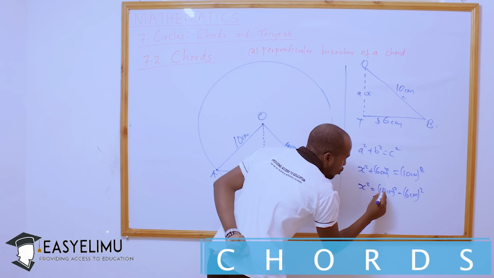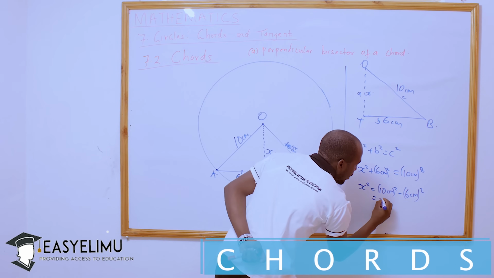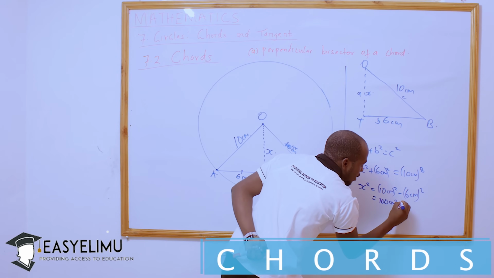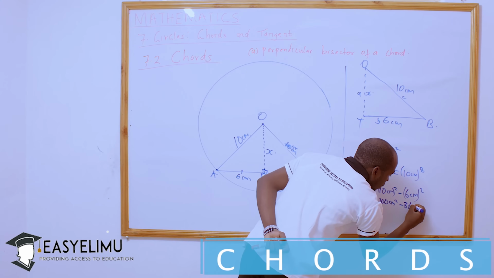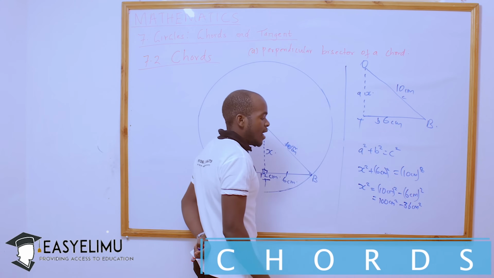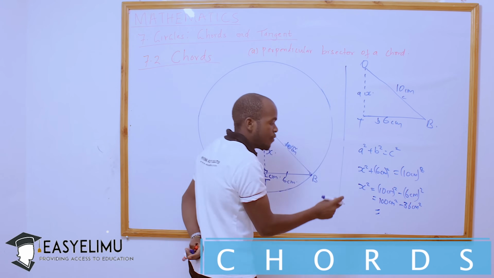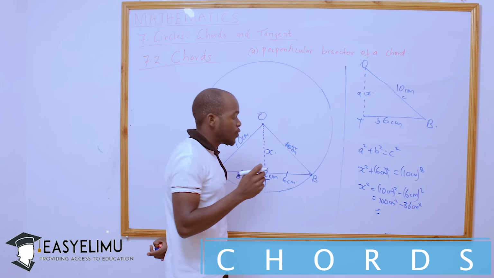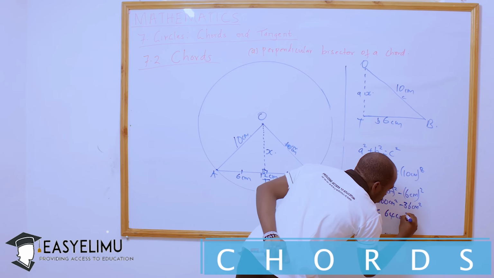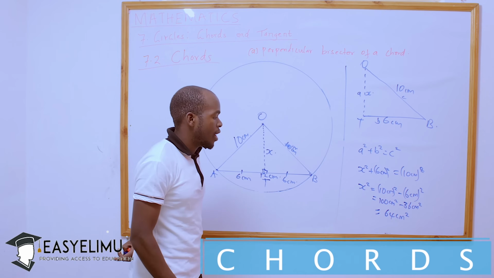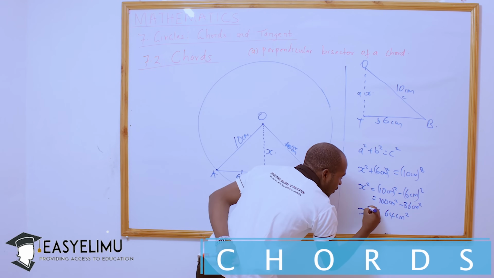On doing that, this one will be 100 square centimeters minus 36 square centimeters. If you subtract, you are going to have 64 square centimeters, and that is the value of x squared.